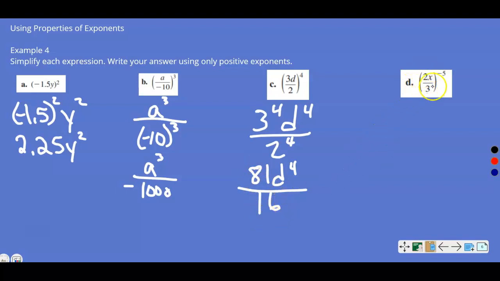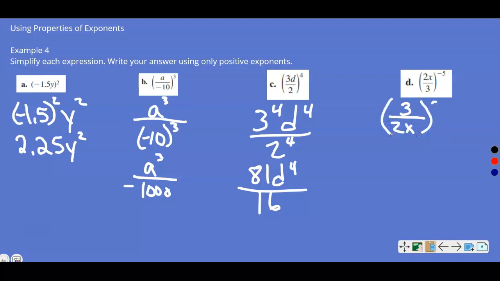Again, we have a product and quotient together, so we have 2x divided by 3, all raised to -5. The first thing we want to do is take the reciprocal of this, so the exponent becomes positive. So we're going to change this to 3 over 2x.